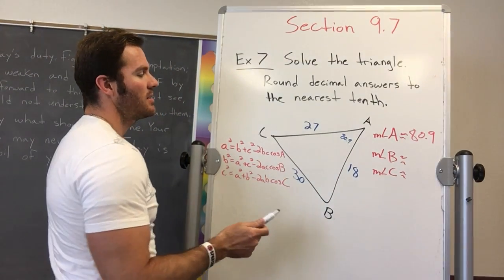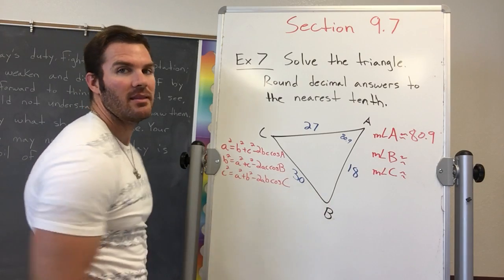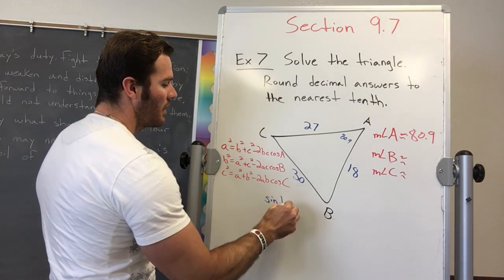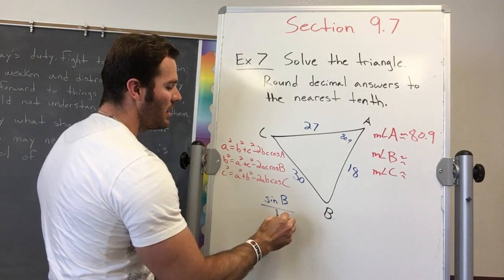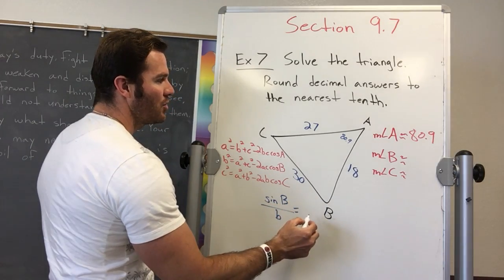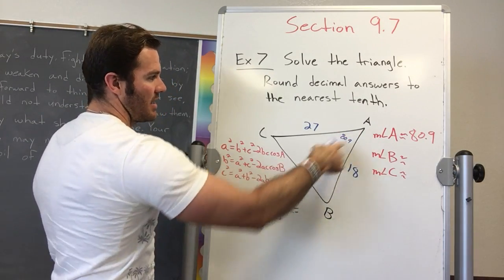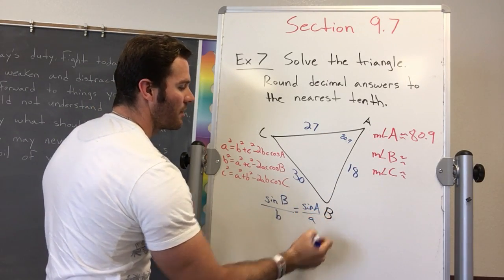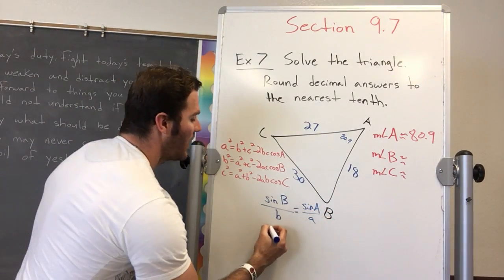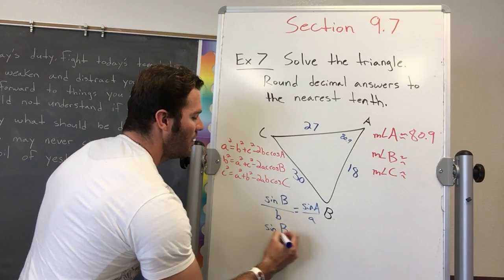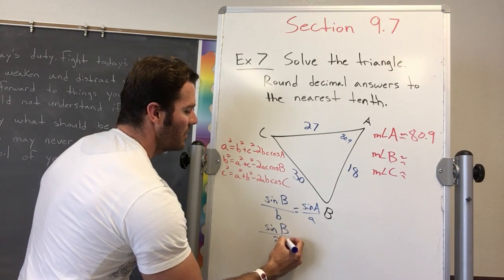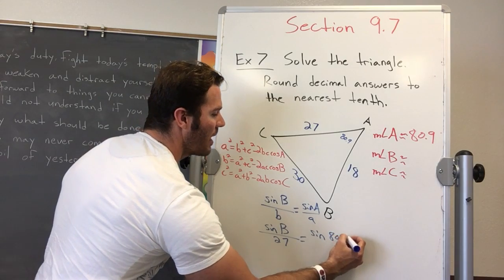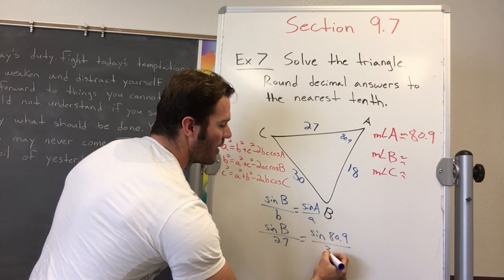Let's try to solve for capital B this time. If we're going to solve for capital B, we're going to do sine capital B on top over little b and set that equal to the a's, because that's what we've got. So sine A over little a. So we've got sine B, which we don't know, over little b, 27, equals sine big A, which is 80.9, over little a, 30.